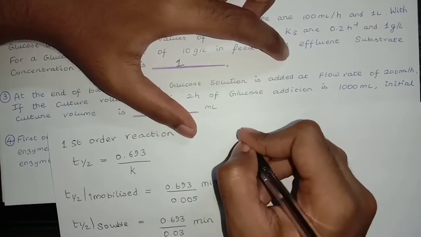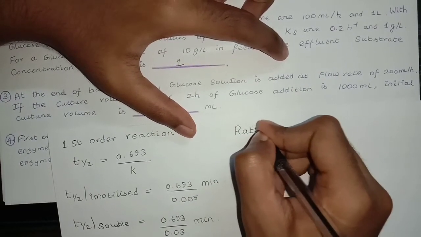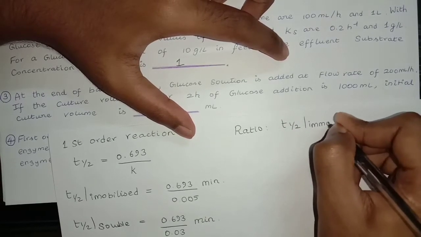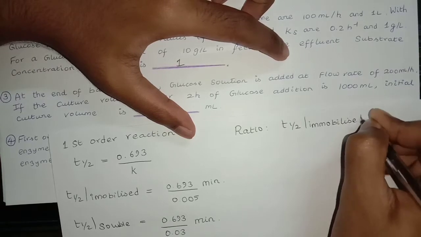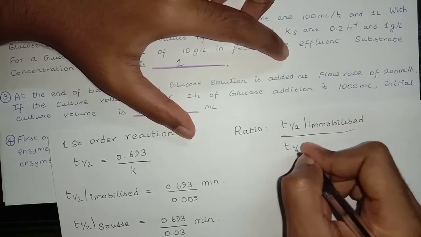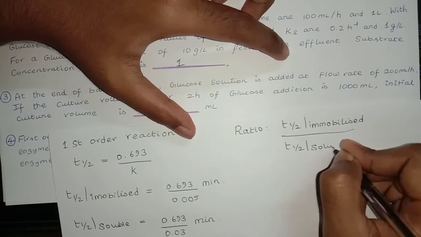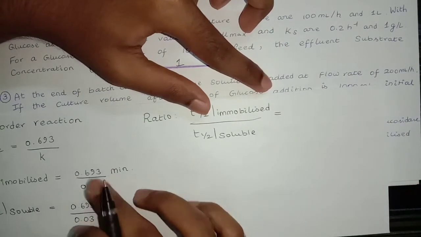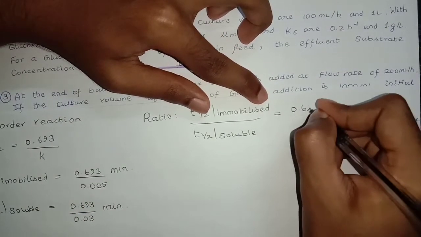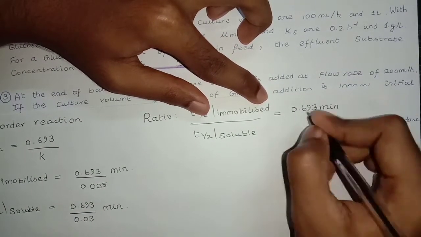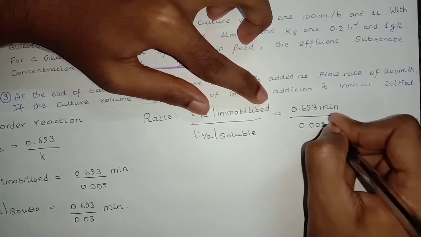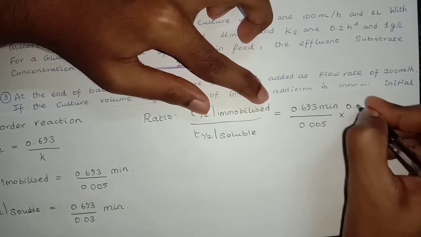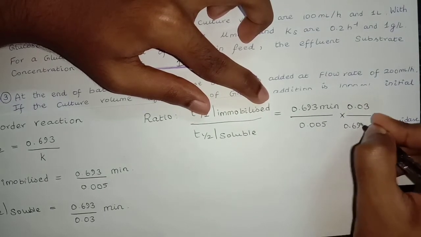Therefore we need to find the ratio, that is T half immobilized over T half soluble, which is 0.693 over 0.005 times the reciprocal, because it's a division, 0.03 over 0.693.